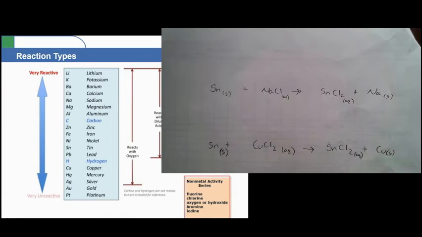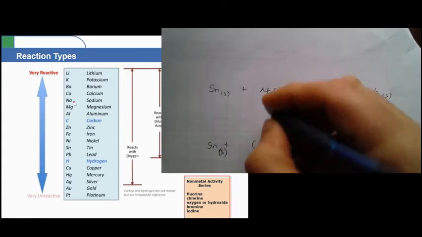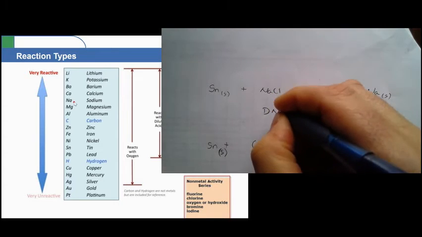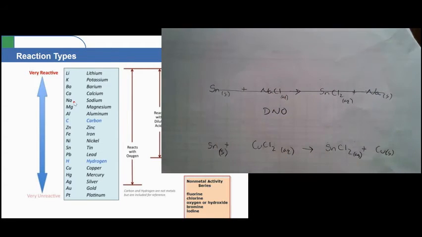However, when we're looking at the activity series here, we see here's tin, and sodium is way up here, which means since tin is below sodium, this reaction does not occur. Cannot happen, it is impossible.